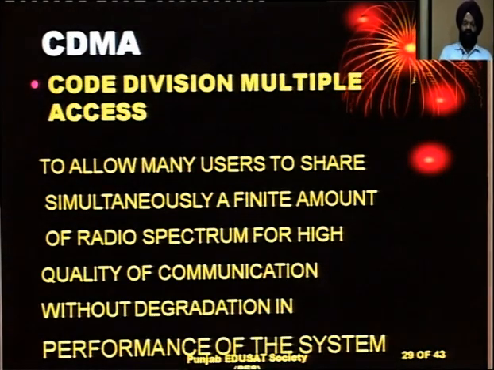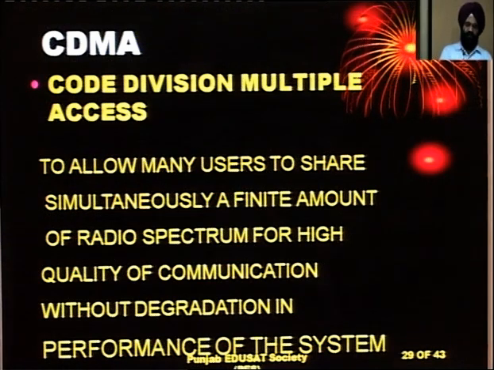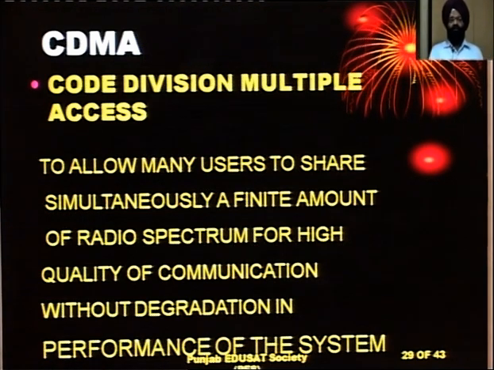So, after the GSM, we will now discuss CDMA. The full form of CDMA is Code Division Multiple Access. We have already studied TDMA and FDMA, that is, time division multiple access and frequency division multiple access.